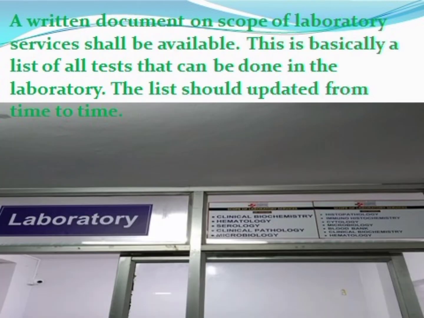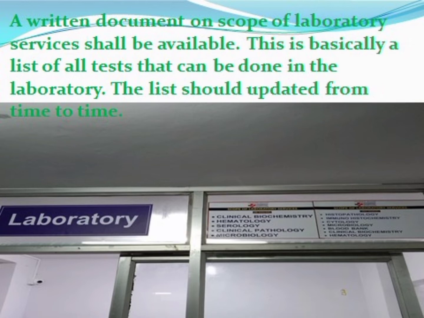Second point is a written document on scope of laboratory services shall be available. So there should be a written document on scope of services in a laboratory, and this is basically a list of tests that can be done in the laboratory. What all they are going to perform in the laboratory, that list should be documented, and the same thing should be displayed also.